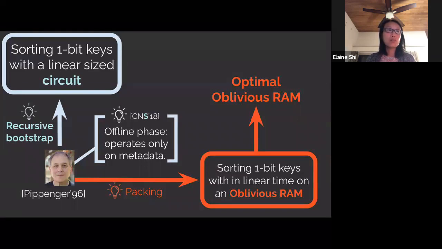On the RAM model, every word has log n bits, and we can simultaneously perform log n bitwise operations at unit cost, because this is an operation on a single word. So in oblivious RAM, one of the core techniques we use is packing. But there's no free packing in the circuit model. In the circuit model, every wire and every gate counts. Therefore, the algorithmic tricks we use in the circuit model are rather different.